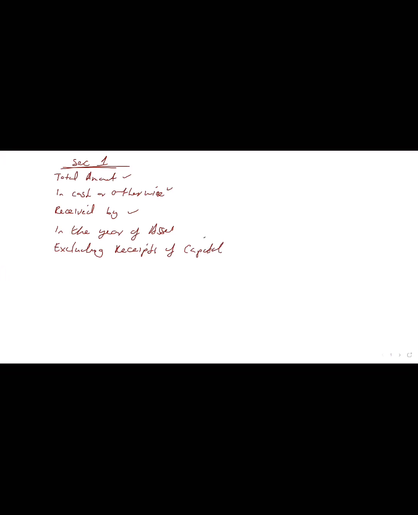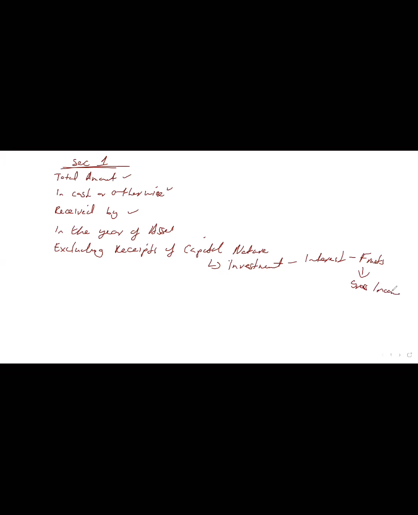So is the interest capital in nature? No, the investment is capital. So the capital in nature is the investment. Whatever you get from the investment, my interest, these are the fruits. So according to section 1, the fruits are included as part of our gross income.